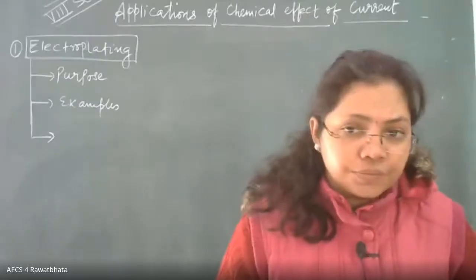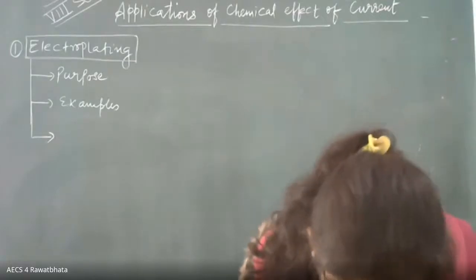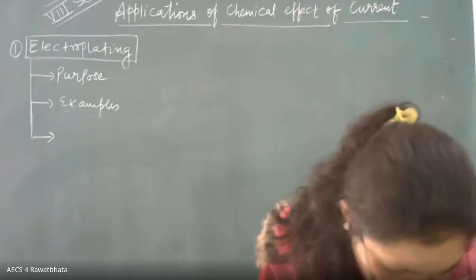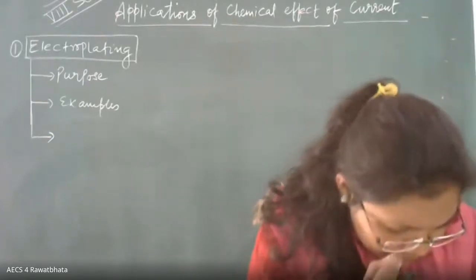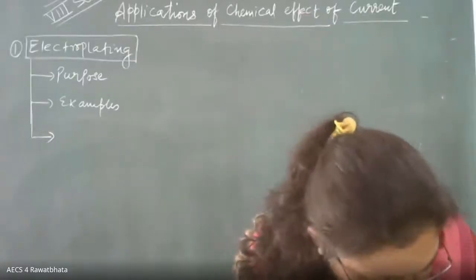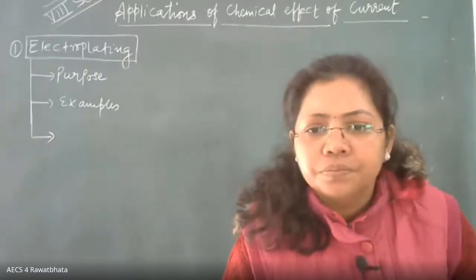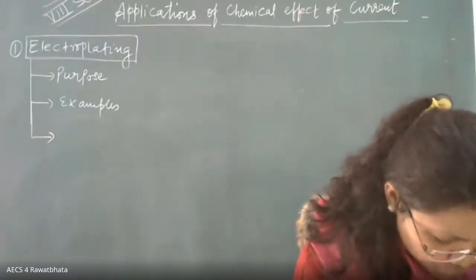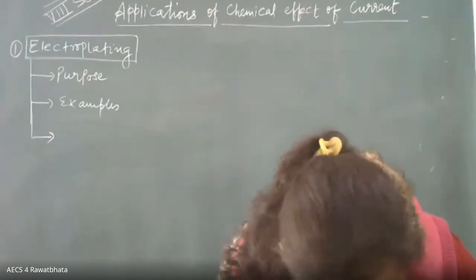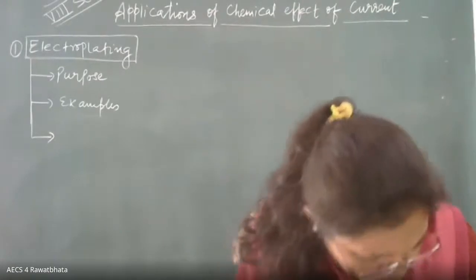Yukta? Present, ma'am. Aditya? Present, ma'am. Anuj? Aryan? Not yet joined. Then Darshil? Darshil not yet joined. Okay. Dev? Present, ma'am. Hemant? Hemant is not here. Himanshu? Junaid? Kalpesh?